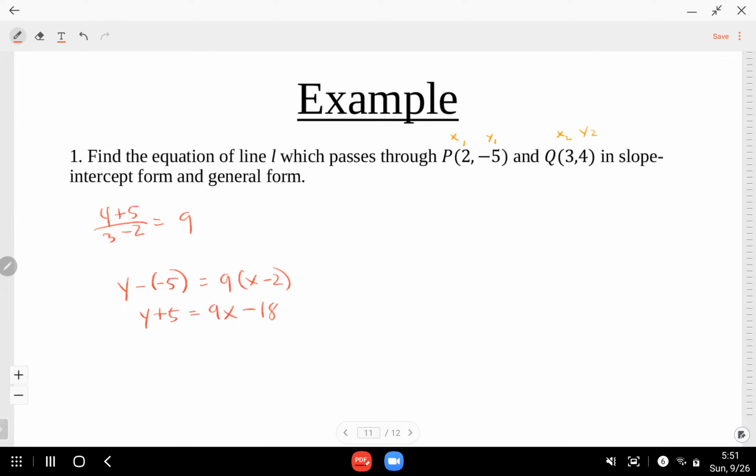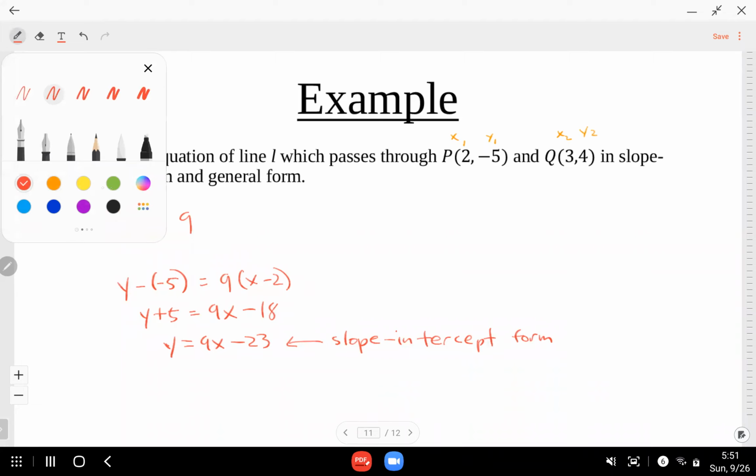So y equals 9x minus 23. All right, so this is the slope-intercept form.